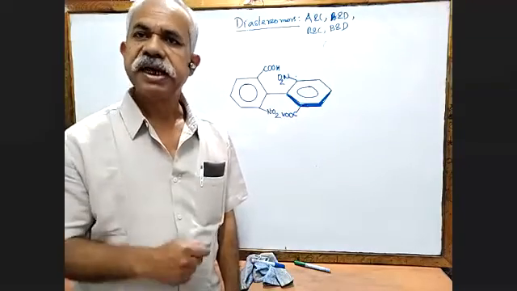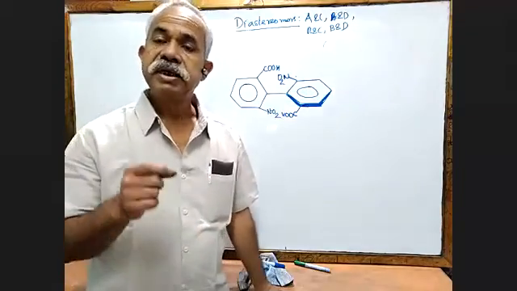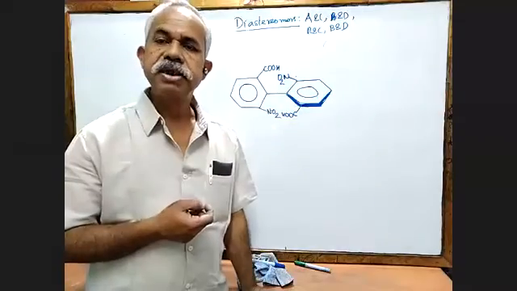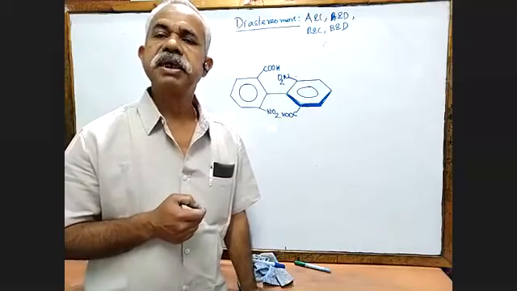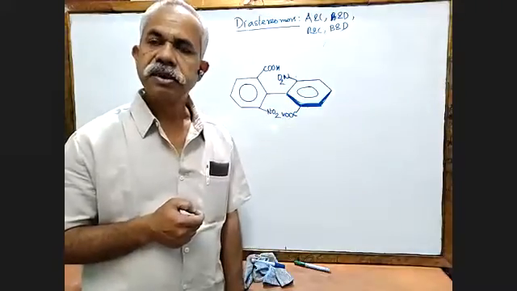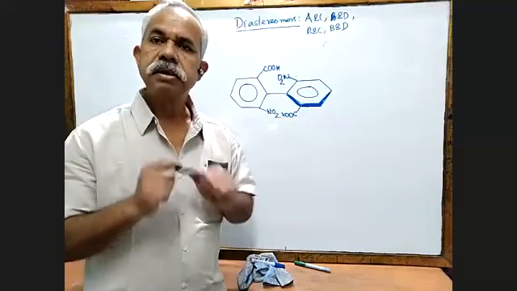So now see here, ultimately we have come to a point where we nullify our original theory. The original theory I mentioned was that for a compound to be optically active, it must have an asymmetric carbon atom, but we find this compound does not have an asymmetric carbon atom. So what is now the main conclusion?